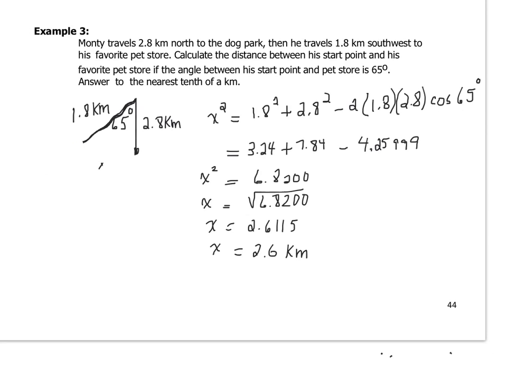That's 2.8. Should look like that probably. Whoops. And then we're looking for this. Okay. So that sounds reasonable, because like I said, this is 2.8, 1.8, and 2.6 sounds like a reasonable answer.